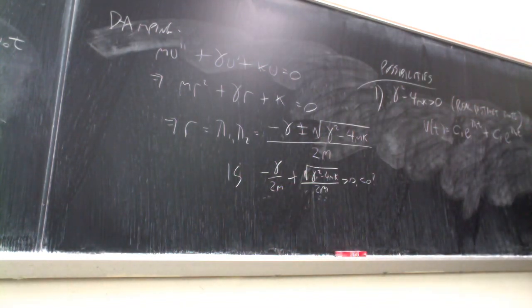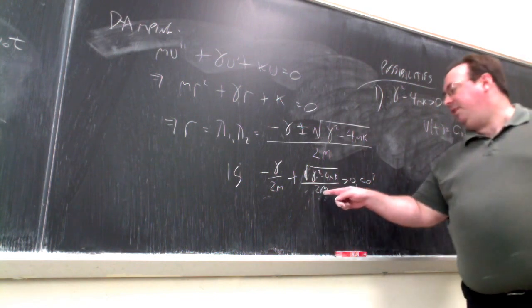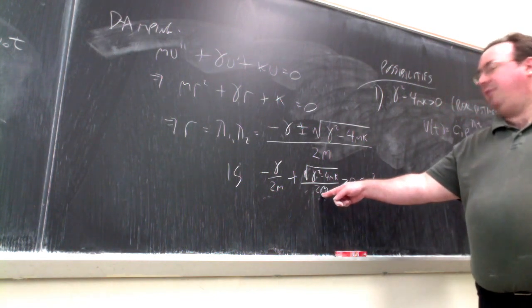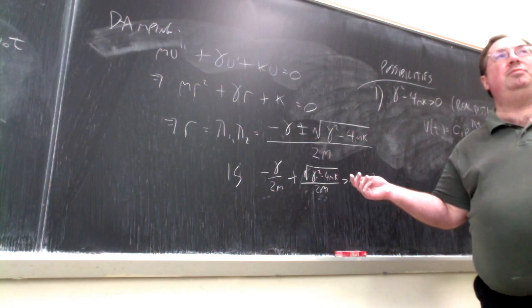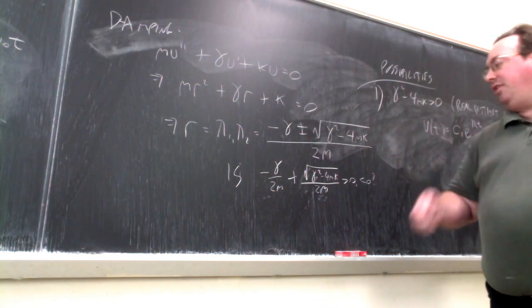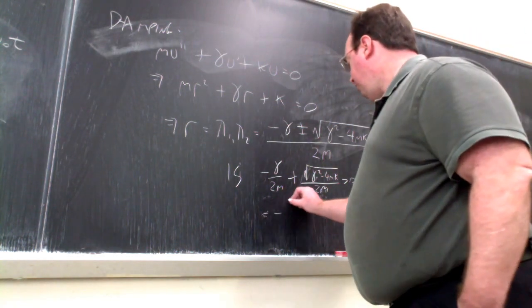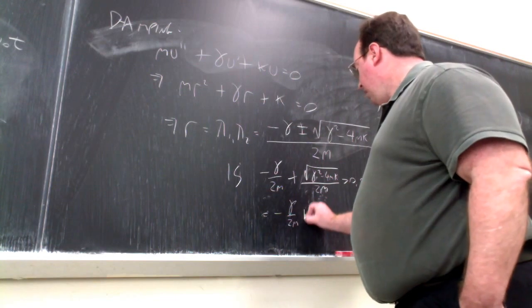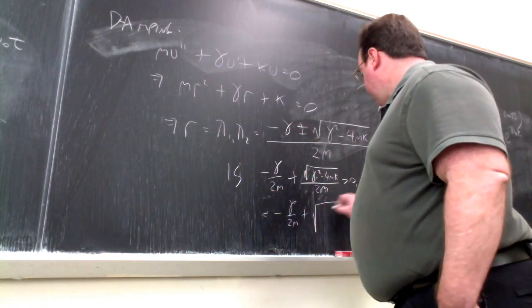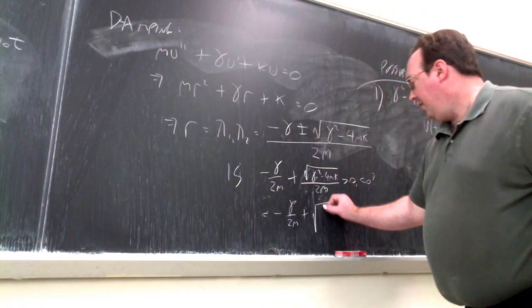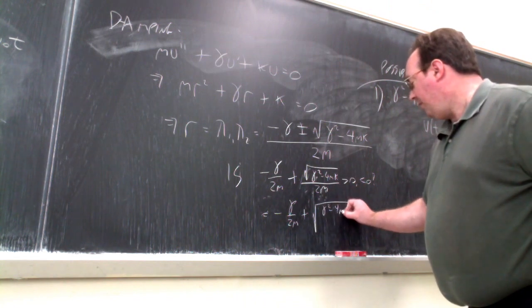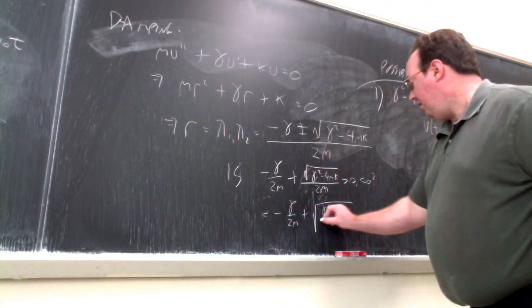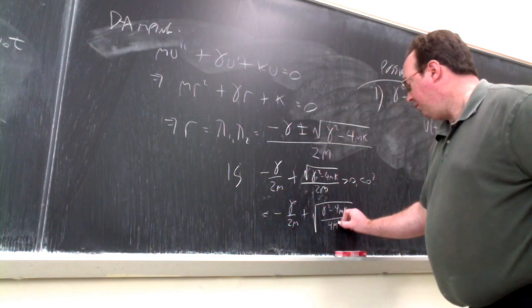So what I'm going to do is take the 2m in the denominator here and move it inside the radical, which means it's going to become 2m quantity squared. So this is equal to minus gamma over 2m plus square root of gamma squared minus 4mk all over 4m squared.